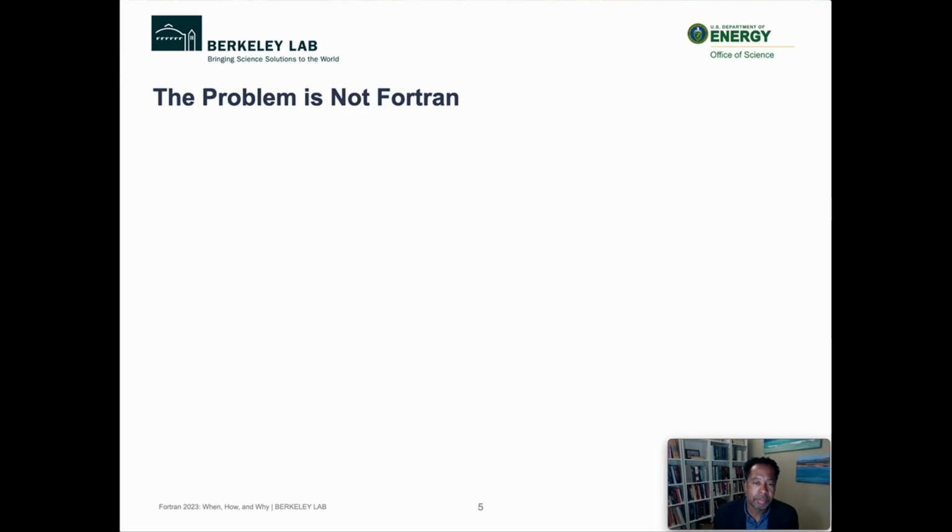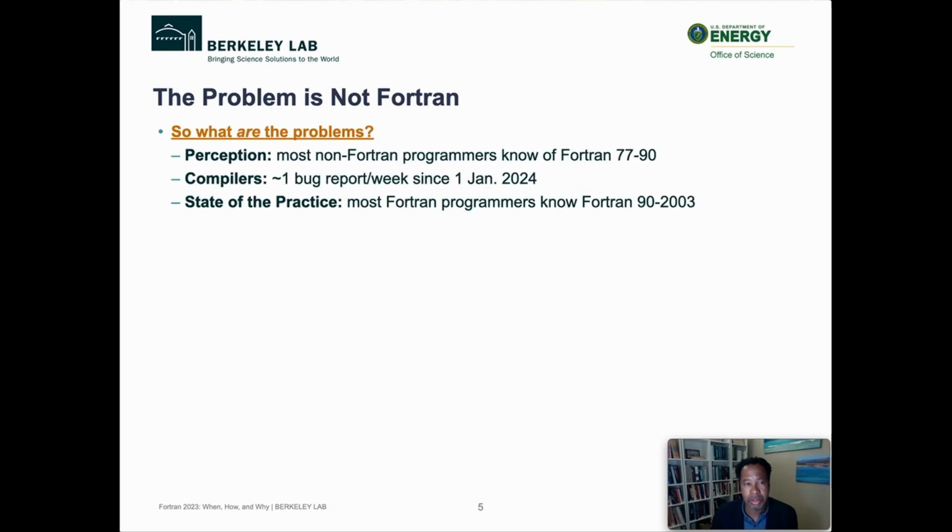So, the problems I see as many people think about Fortran are not so much with the language itself, but there are some problems, and those are related to perception. Most non-Fortran programmers know only of Fortran 77 to 90, versions that are 35 to 48 years old. There are some issues with compilers.